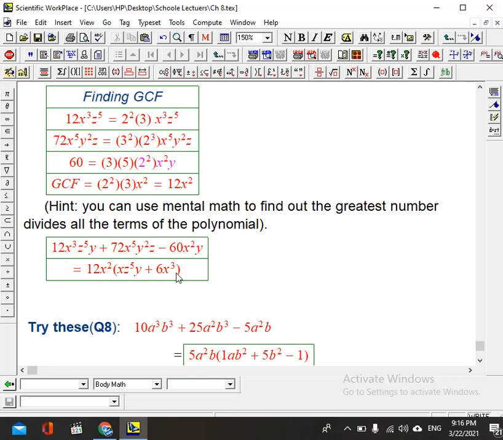Now here x cubed y squared z is the division of the second term by our monomial. Finally, we need to divide negative 60 over 12. It will be negative 5. And x squared with x squared cancelled, so we get just y. So this is the factorization of this polynomial with 3 variables.